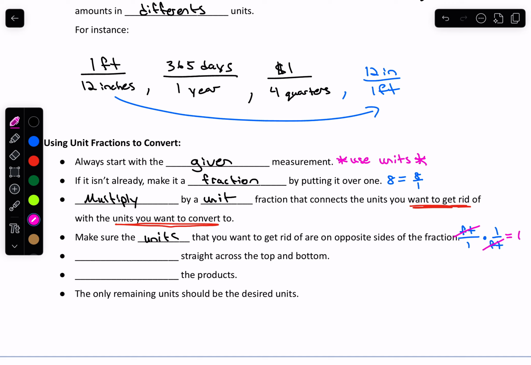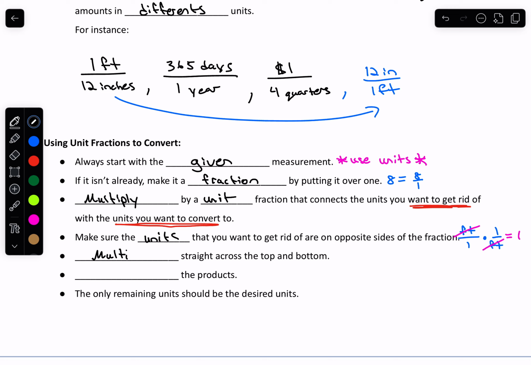In that case, we don't end up with a new unit, but the idea is just to have units cancel. When we're doing the actual problems, we're going to only use unit fractions. But the idea of that bullet point is make sure that whatever unit you're trying to cancel with is on the opposite side of the fraction as the unit that you already have. So if you have feet in the numerator, you need to put feet in the denominator in order to cancel it out.